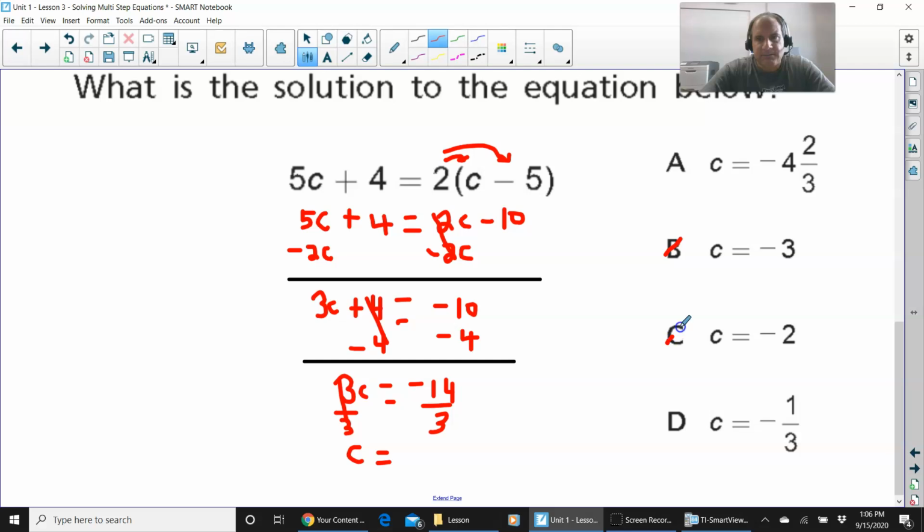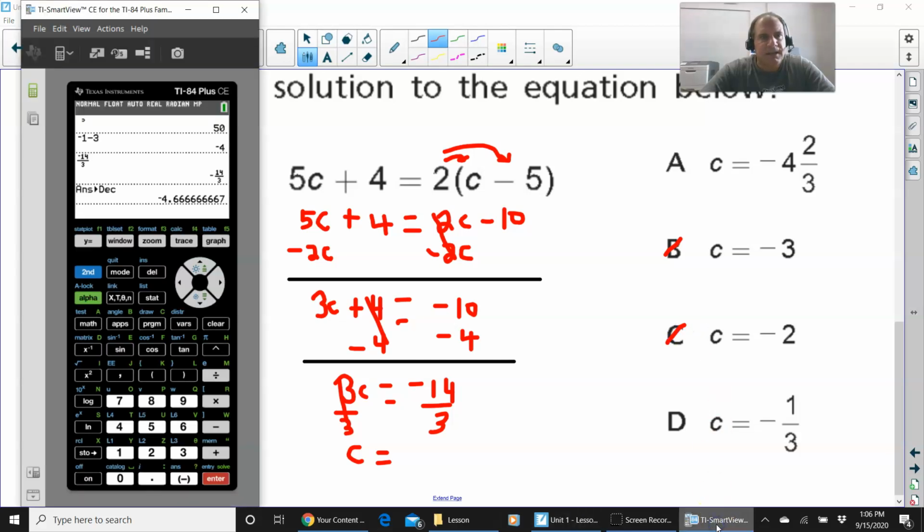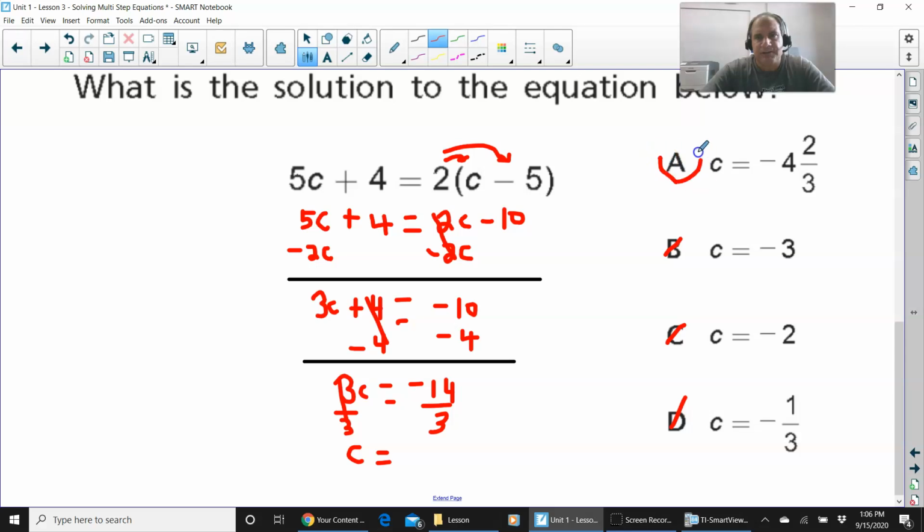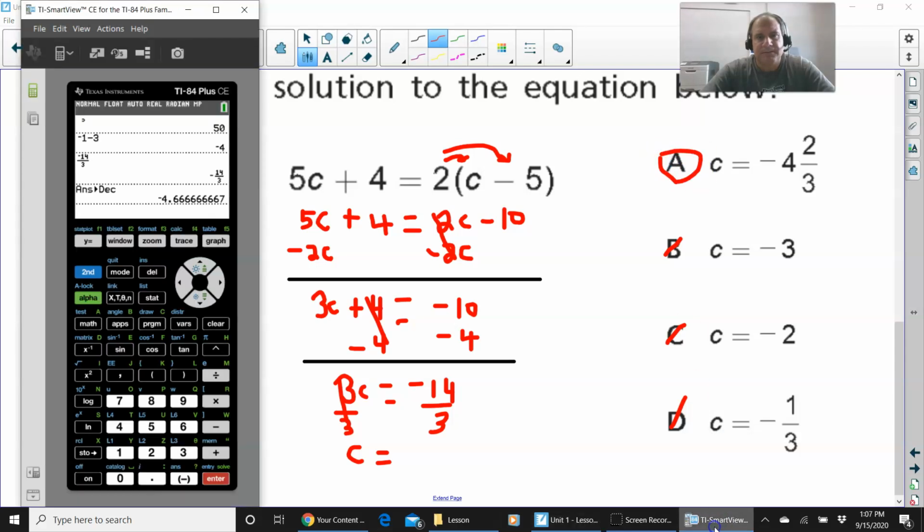It's not c equals negative 2. And it's not c equals negative 1/3. It's negative 4.666, and that's this. A is your answer. All right? So just be aware of how to use that calculator. That math button is very, very important.